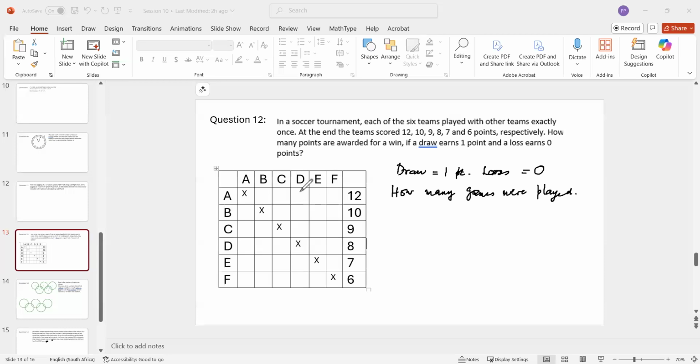By the way, for instance, suppose A drew with... okay, they say how many points are awarded for a win. So let's give a name to this. Let n points be awarded for a win.